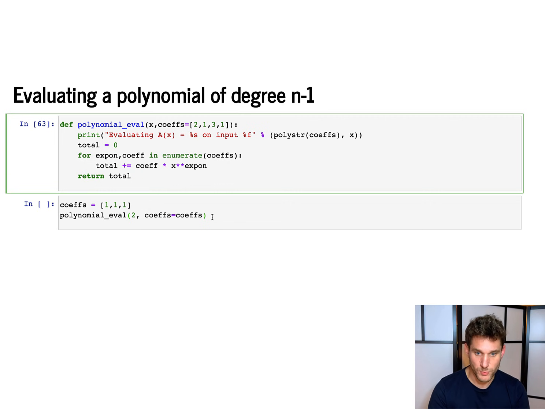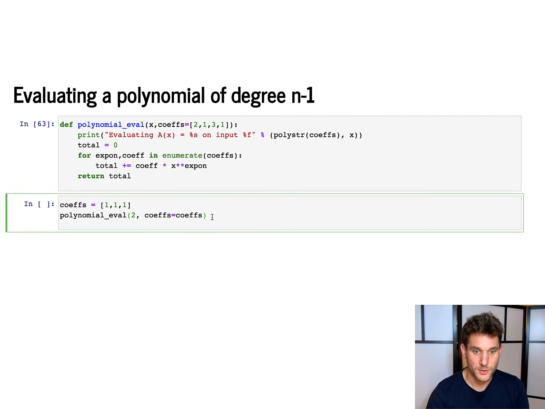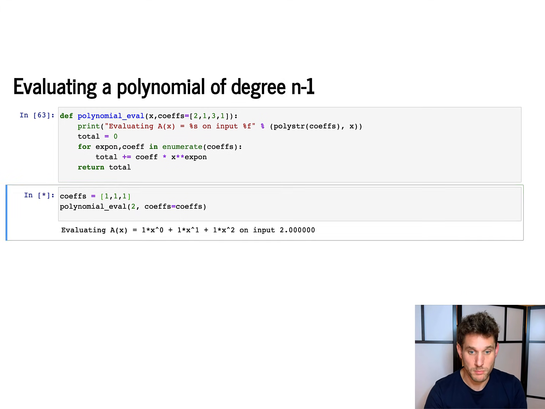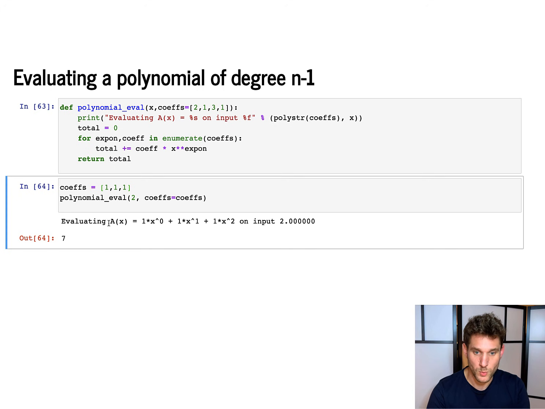So we can run this on some example. Here are the coefficients 1, 1, 1. So this polynomial is going to be 1 plus x plus x squared. We're taking this polynomial on input 2, and we get value 7, because 1 plus 2 plus 2 squared is 4, which is 7. That's how we got 7.